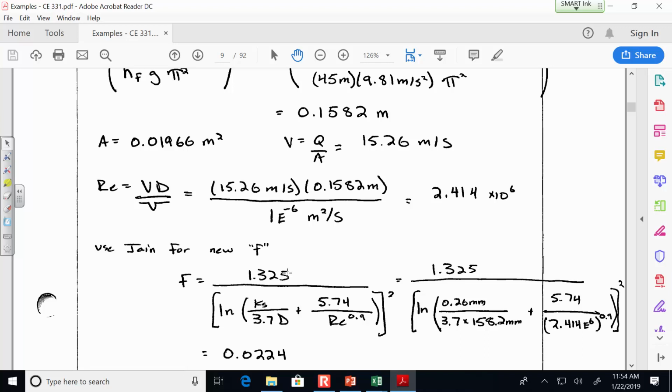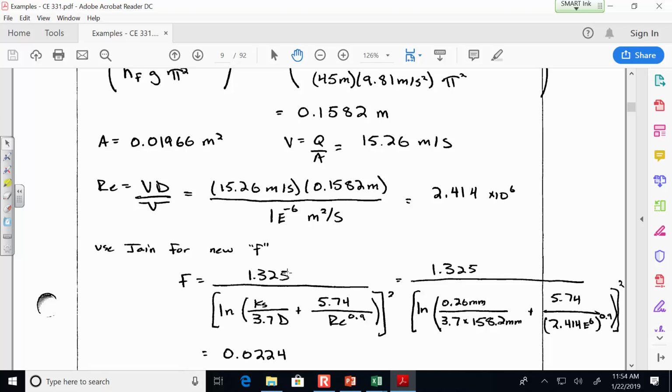But then when we ran all the calculations, we found the diameter that would arise out of that. And if we have a certain diameter, we have a certain flow rate, and that gives us a Reynolds number, and so on and so forth. All of the factors that account for the energy loss, we find that the assumed F value and the updated F value don't match.